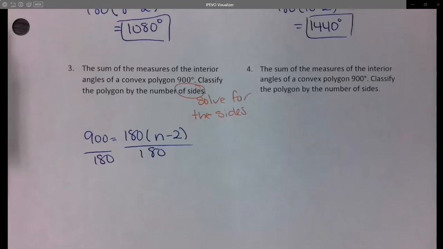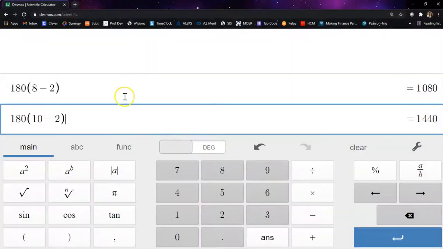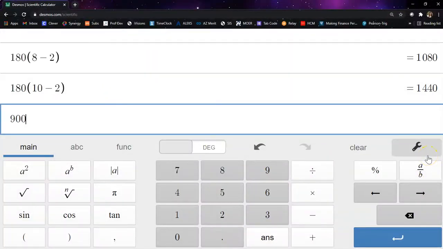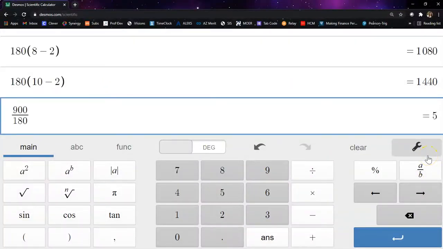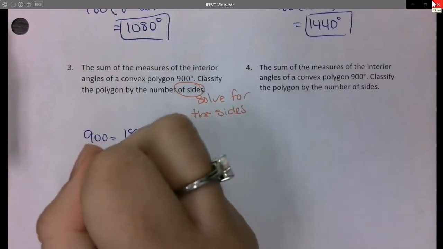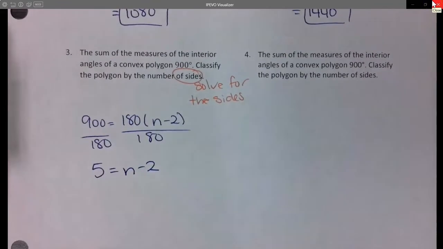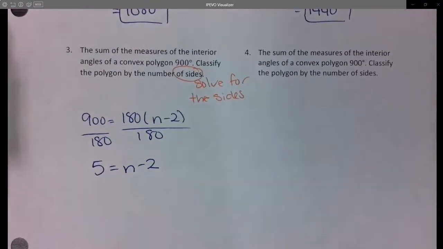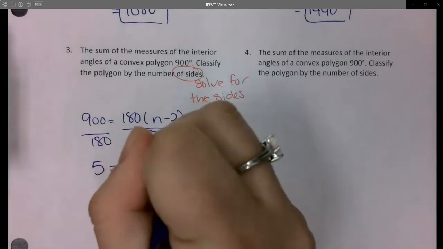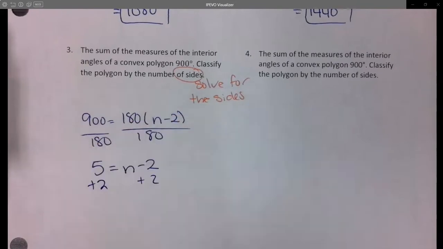Then I go ahead and type into Desmos. So I'm going to do 900 divided by 180, which gets me 5. So I'm going to rewrite my equation. I have 5 equals n minus 2. Then I want to get n alone, so I'm going to add 2 to both sides.